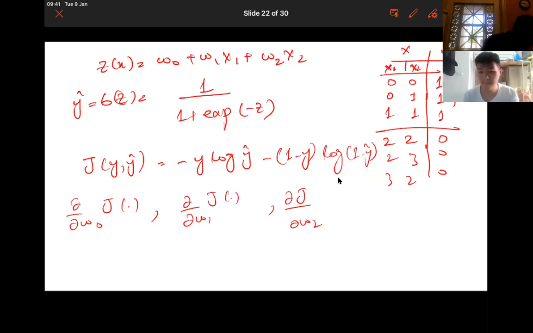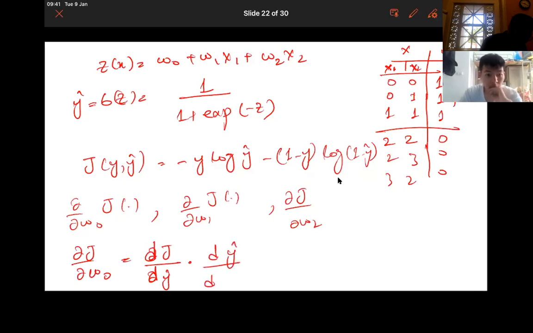So now let's try to find the partial derivative of J with respect to w0. Okay, I'm going to write an expression and then we're going to discuss whether you guys are familiar with it or not. Can I write it like this? Can I say that partial derivative of J with respect to w0 is partial derivative of J with respect to y hat, times dy hat by dz, times partial derivative of z with respect to w0.